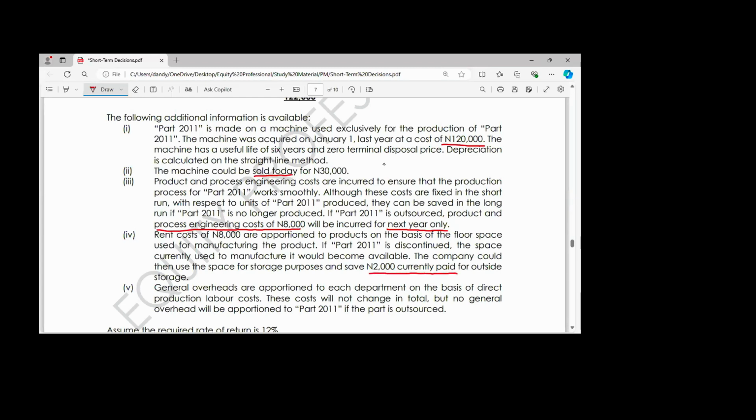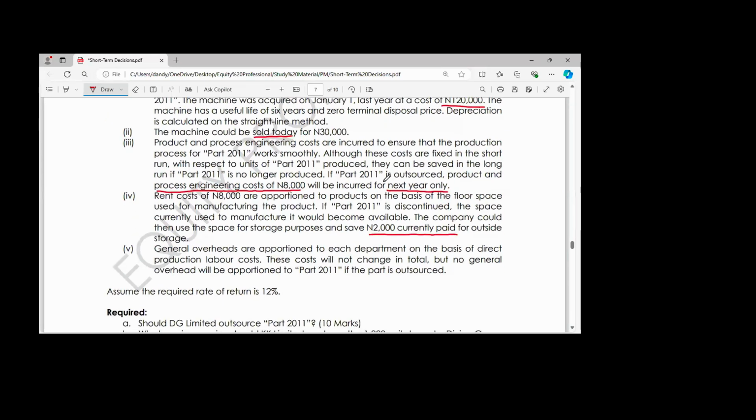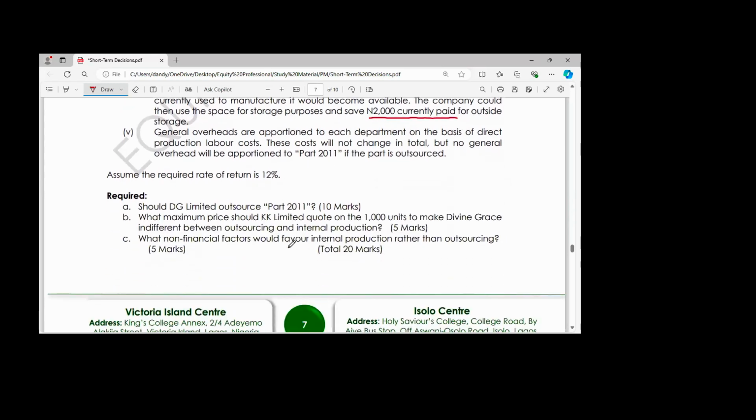Number 5, general overhead are apportioned to each department on the basis of direct production labor cost. These costs will not change in total, but no general overhead will be apportioned to Part 2011 if the part is outsourced. Assume the required rate of return is 12%. Required.